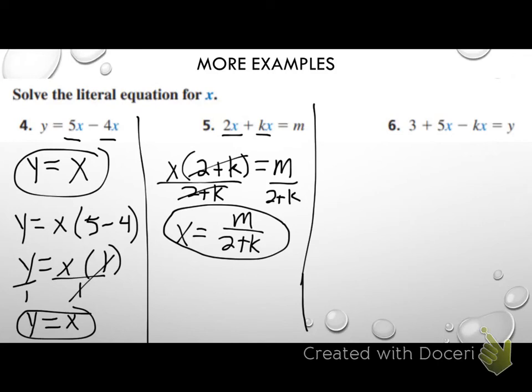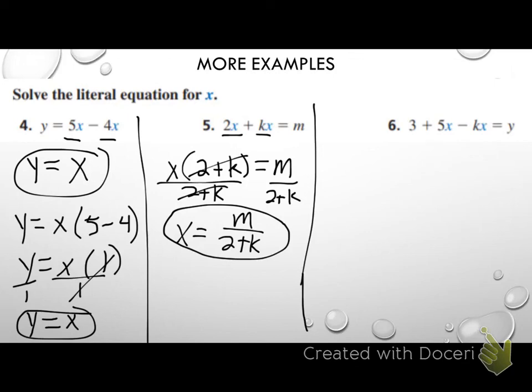Okay. Last one, number 6. 3 plus 5x minus kx equals y. So what do I need to do here? GCF? Well, when I do a GCF, I have to pull out a GCF for every term on that side of the equation.